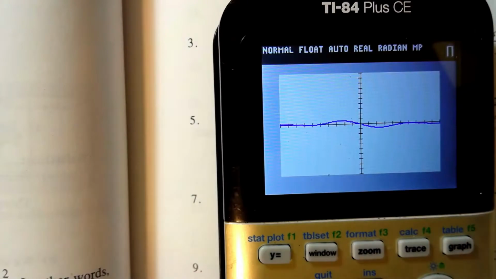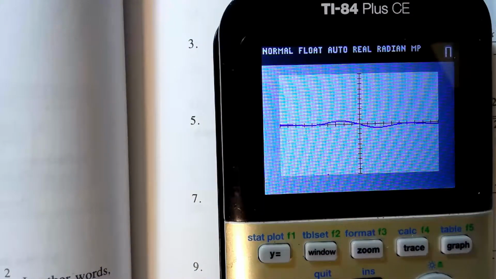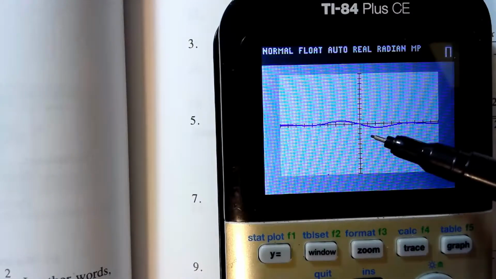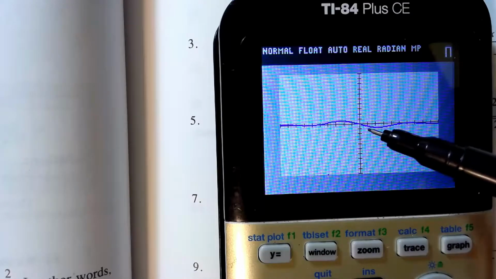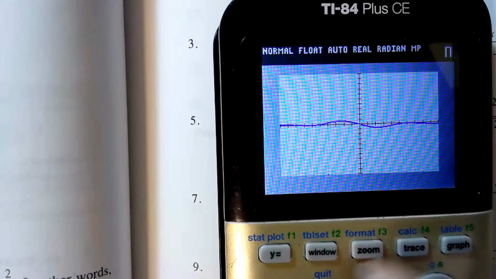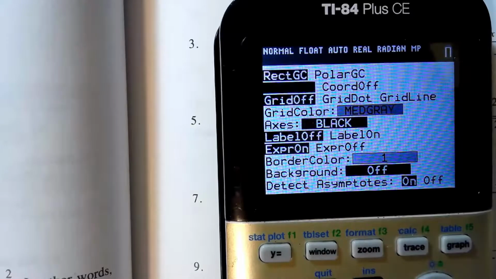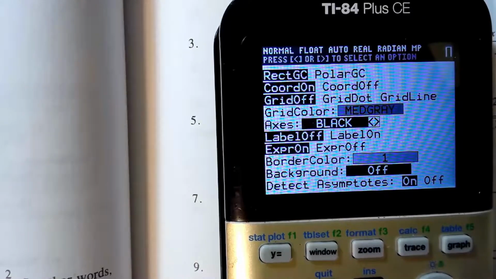Okay, so that's not bad. It's doable. And what I see here is, the limit as x approaches 0 is 0, right? If I come in from the right-hand side, it's 0. If I come in from the left-hand side, it's 0. And again, I might want to do second format and turn my axes off. Oops.